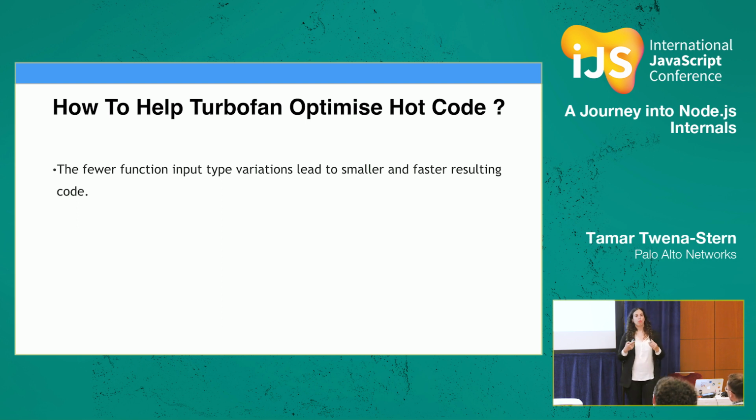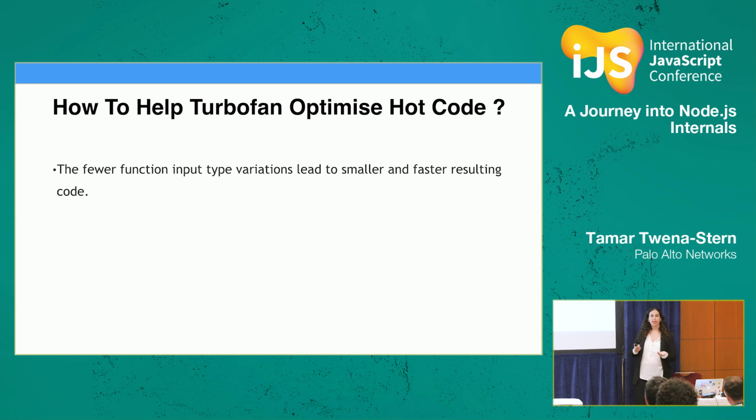The second point that I want you to remember is the number of input types that you have, the type variations. Let's say I have a function that receives 5 parameters, and each of those 5 parameters is an integer. That is a good situation. That is called a monomorphic function.